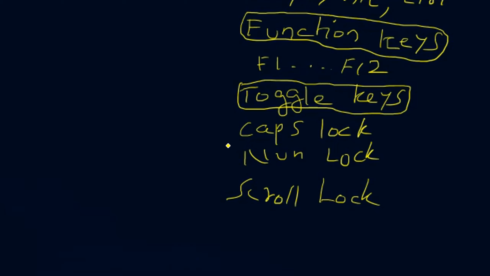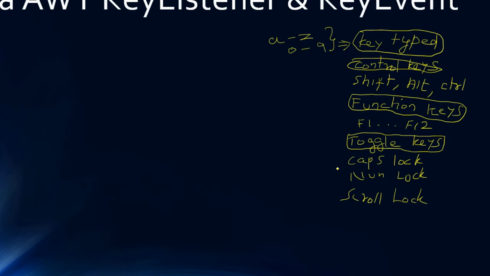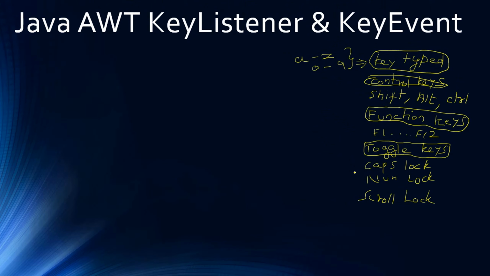All these keys we can handle using the KeyListener in Java AWT. The Java AWT event system will send a key event, and you can handle those key events using the AWT key listeners. So let's say this is the Java AWT eventing system.